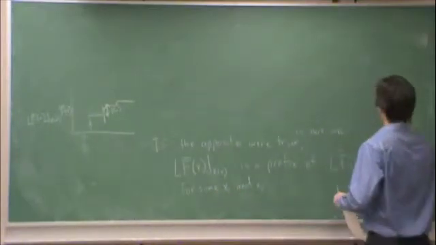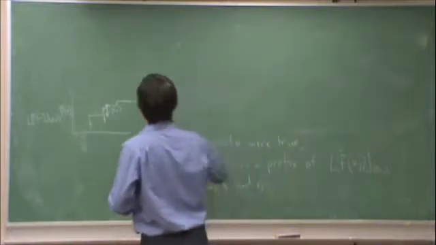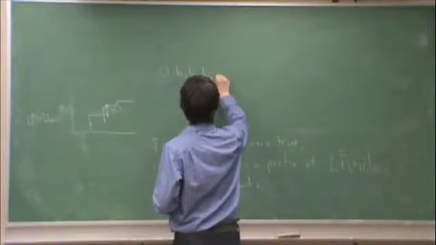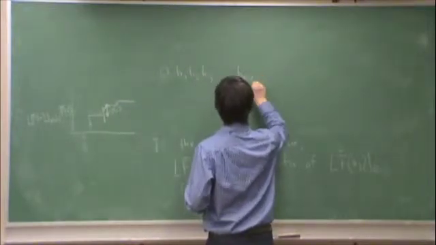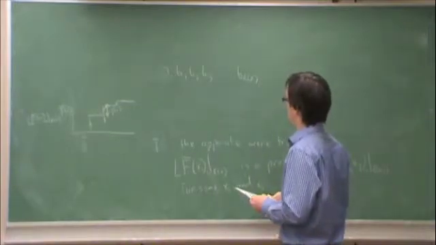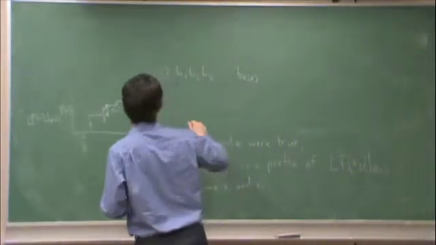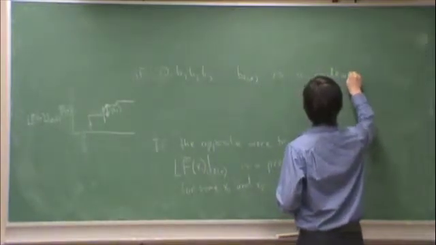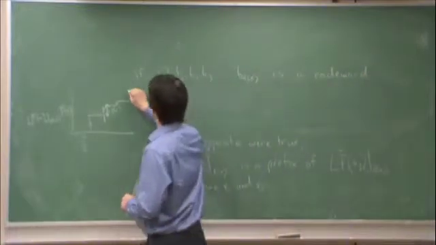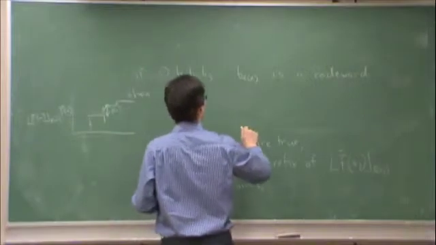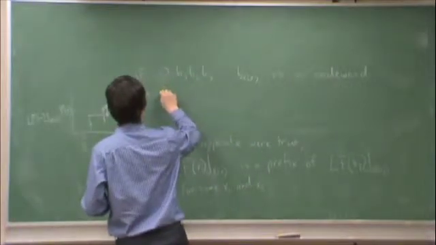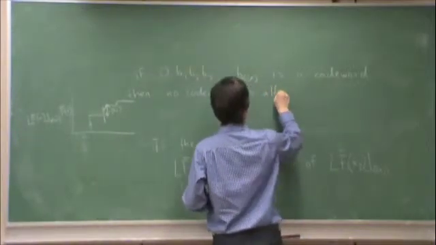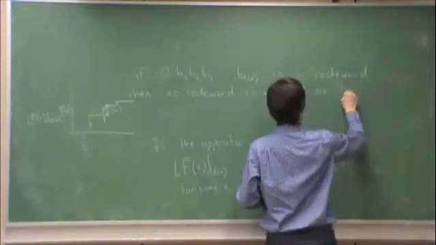So more generally, if I have 0.b1, b2, b3, and so on up to b_L(x), this is a code word. Then no code word is allowed on the interval.